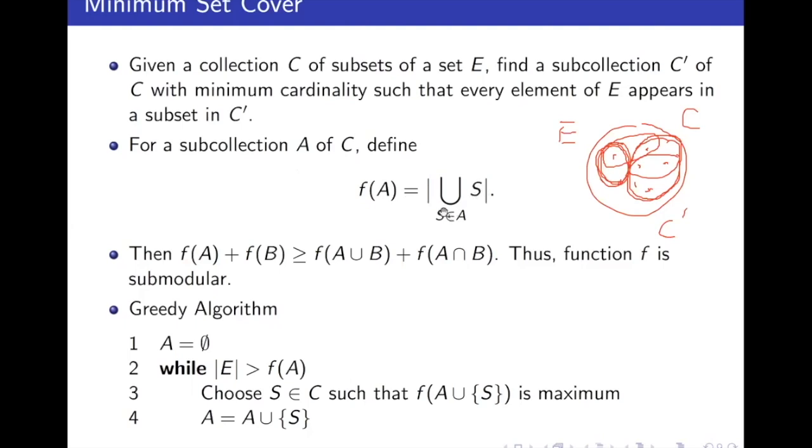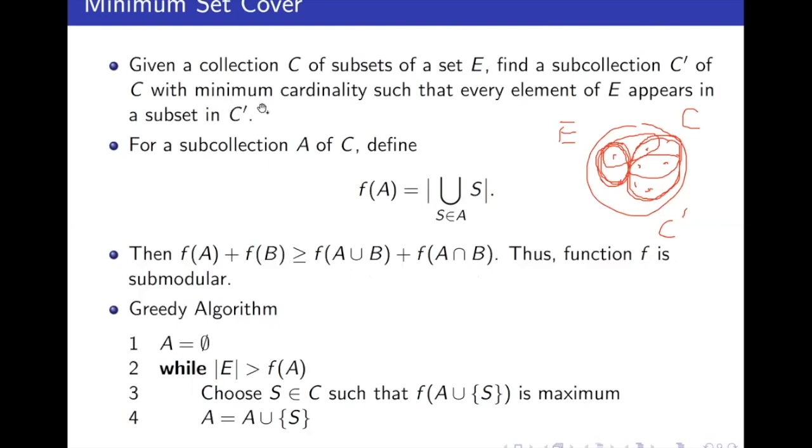So for any element, which is a subset, we take the union of these subsets, we take the number of elements of this union, and we call it f of A. And verify, okay, so this is true: F of A plus F of B is greater than or equal to F of A union B plus F of A intersect B. So this is submodular.